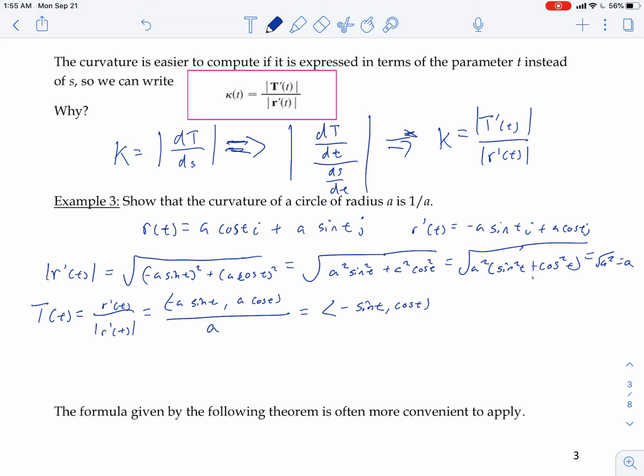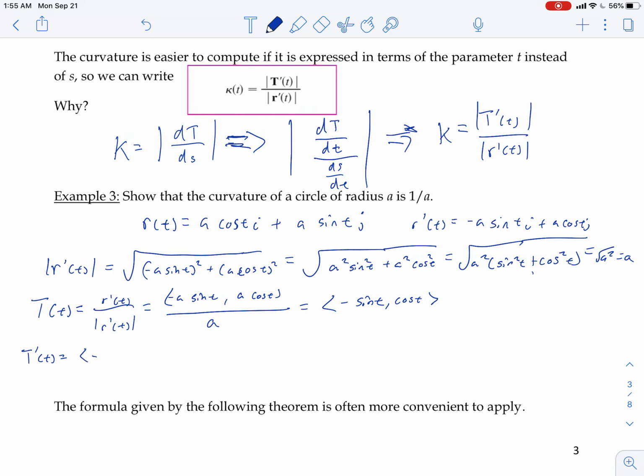So we're just going to have negative sine t, cosine t for our vector. And then if we wanted to take the derivative of that, we're just going to get negative cosine t, negative sine t.